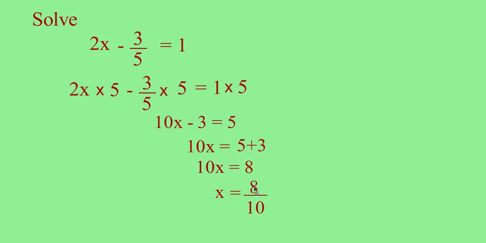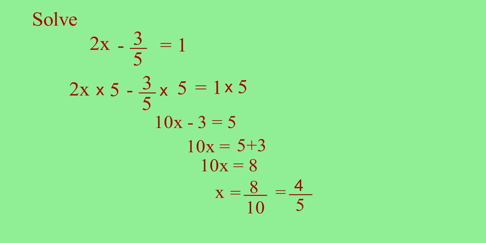Now we can reduce it by dividing both numerator and denominator by 2. 2 4s are 8 and 2 5s are 10. So the value of x is equal to 4 by 5, that is, the solution is 4 by 5. This is the way you have to solve an equation.